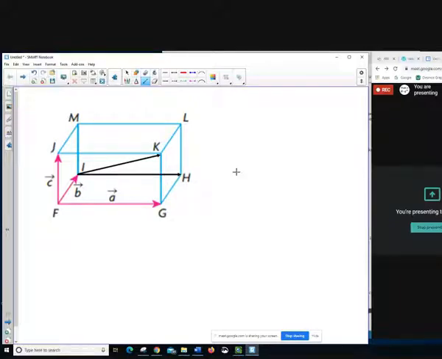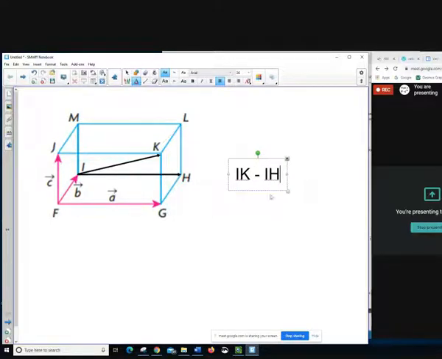But because subtraction is not commutative, we have to be very careful about how we do this. So let me type it out here. So we were looking for, I'm not going to bother putting vector symbols here just because it's going to take too long, IK minus IH.